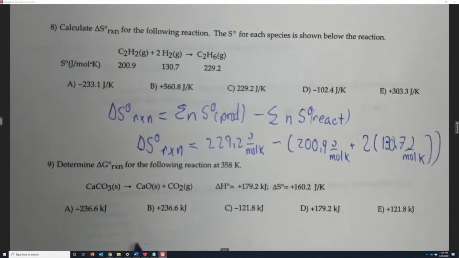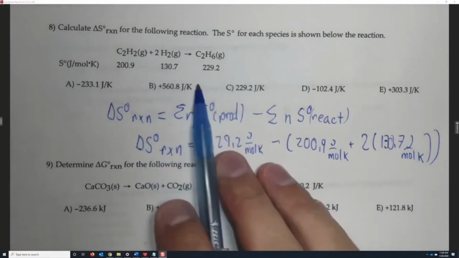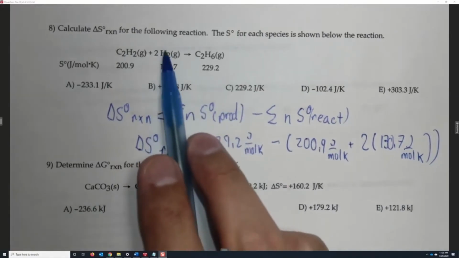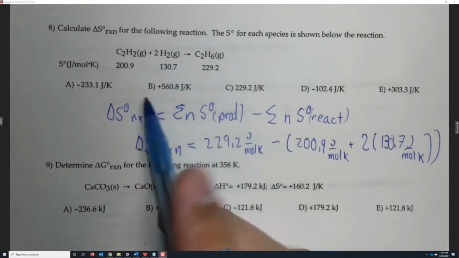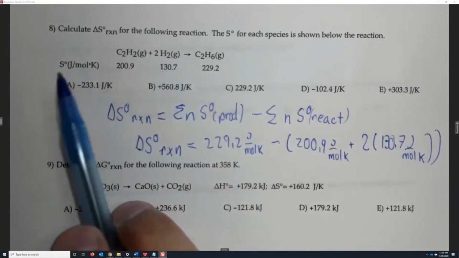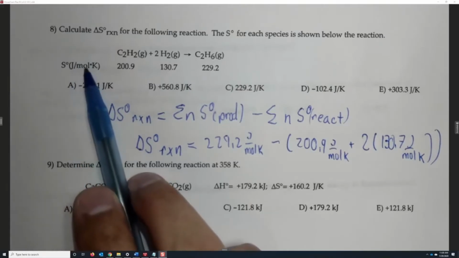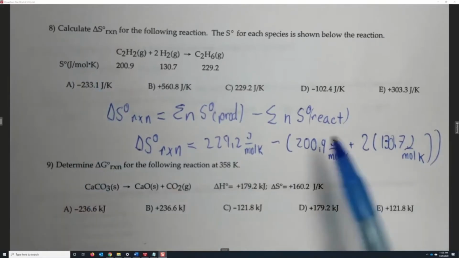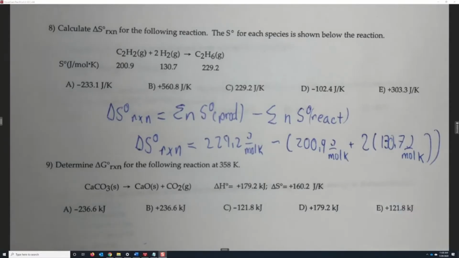And for those of you who have taken General Chemistry 1 recently, you'll remember that the delta H, and it turns out the delta G as well, for elements is 0, but the entropy is not 0. Okay, so that's basically how we do this.